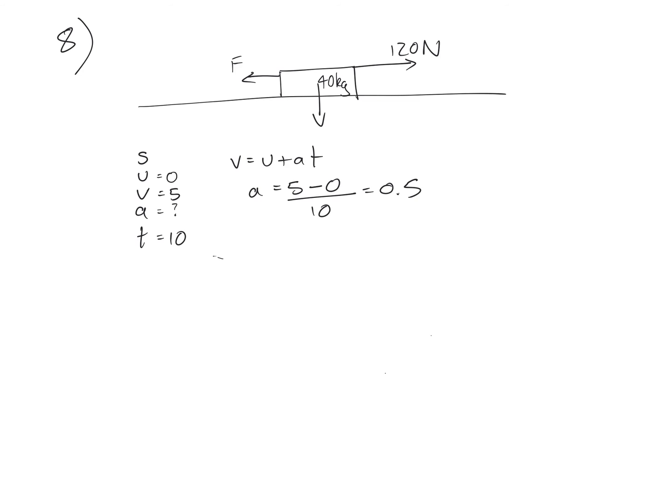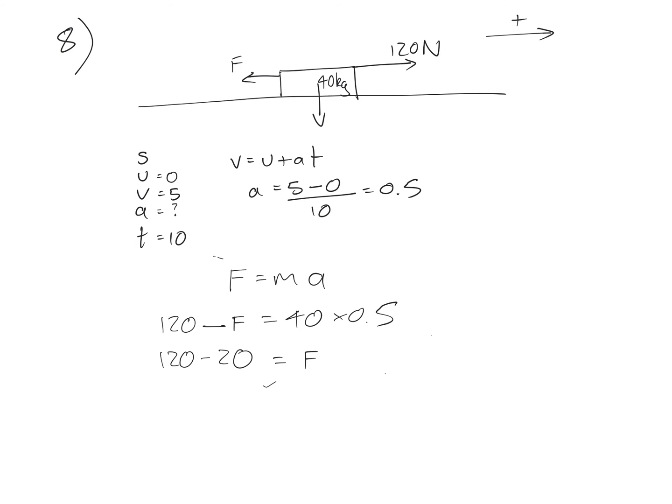So then, considering this is my positive direction, F equals MA, so the force is 120 minus my friction force equals my mass times my acceleration. So my friction force F equals 120 minus 20, so F equals 100 newtons, so my resistance to motion is 100 newtons. Okay, that's part 1.